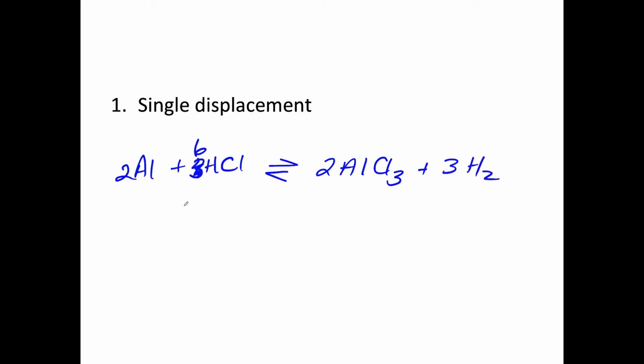So this is single displacement. We're replacing the hydrogen with a metal. So this is a metal, and this is usually acids. It can be a base. And this is my compound. And we usually end up with hydrogen gas at the end. So, single displacement.